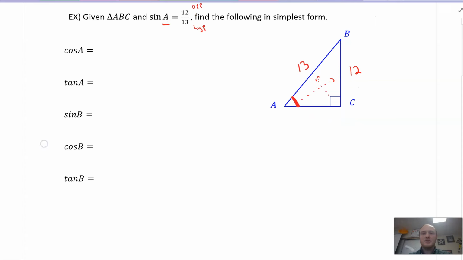I need to know what this missing side is. I'll call this x. So I have x squared plus 12 squared is equal to 13 squared. I can solve for x by taking the square root of 13 squared minus 12 squared.